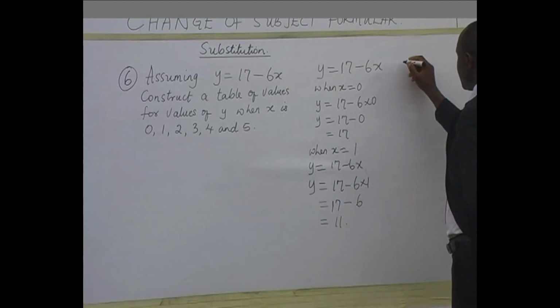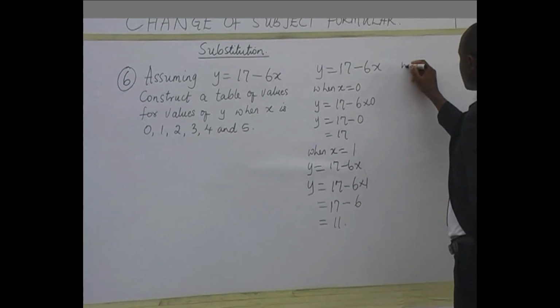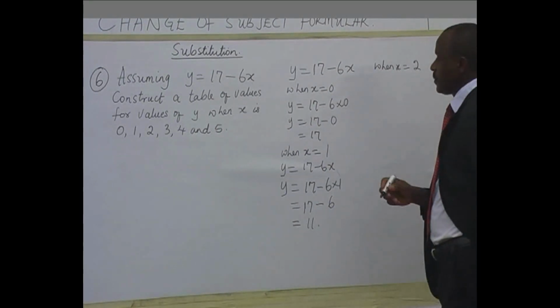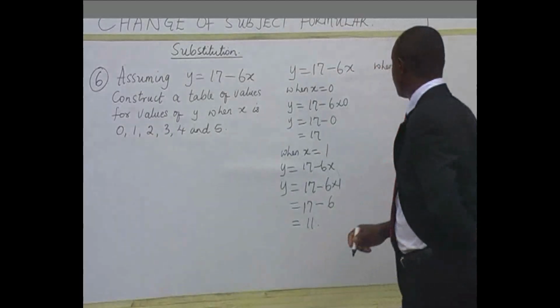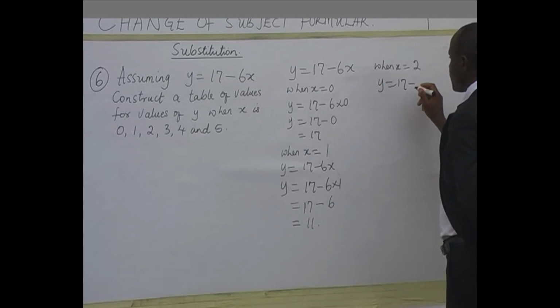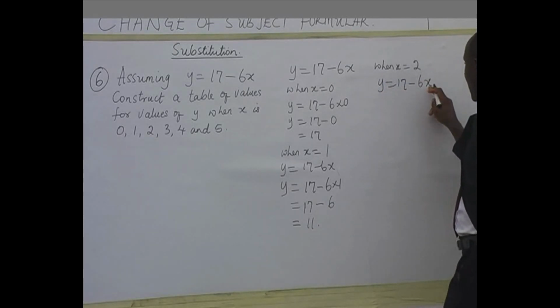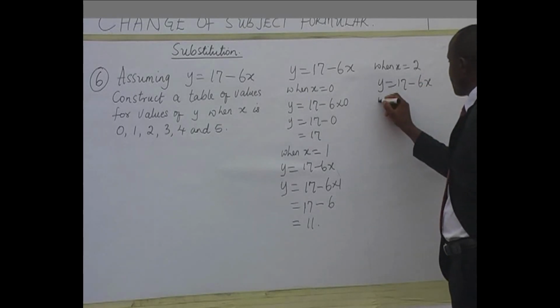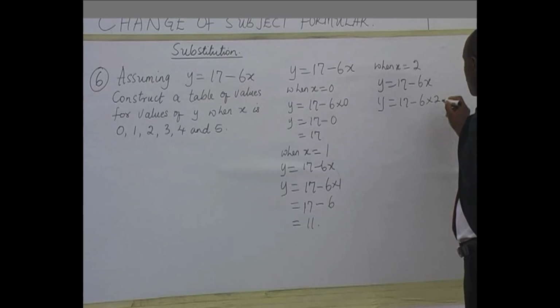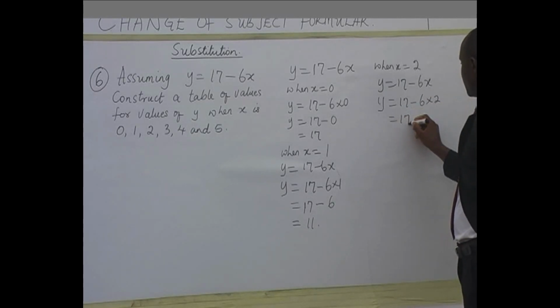The next one is when x is equal to 2. From y is equal to 17 minus 6x, substitute x with 2 in the equation. You'll be left with y is equal to 17 minus 6 times 2. 6 times 2 is 12. And if you remove 12 from 17, you'll be left with 5.